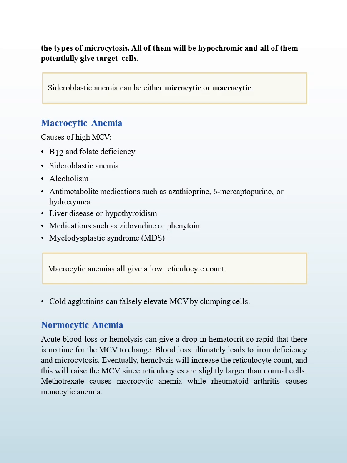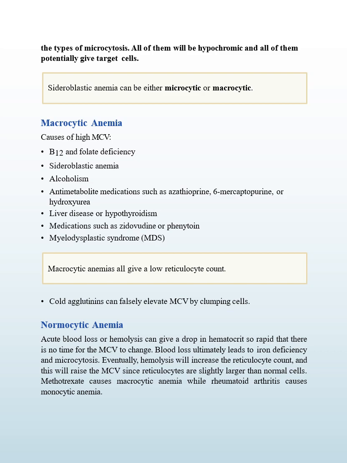This is on the bottom of slide number 5. If we have acute blood loss or hemolysis, we'll have a drop of the hematocrit so rapid that there is no time for MCV to change. Blood loss ultimately leads to iron deficiency or microcytosis.